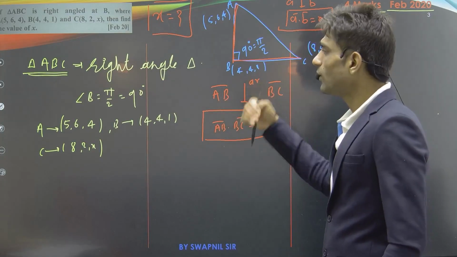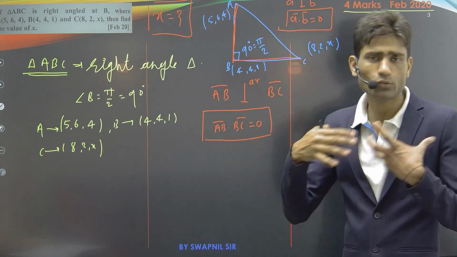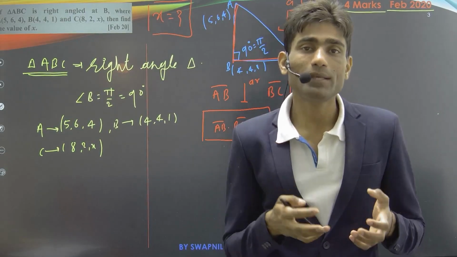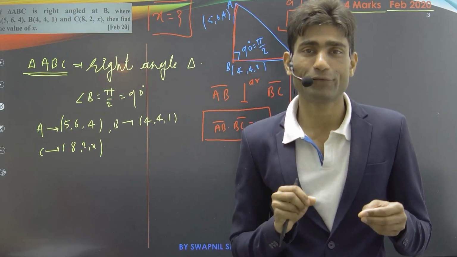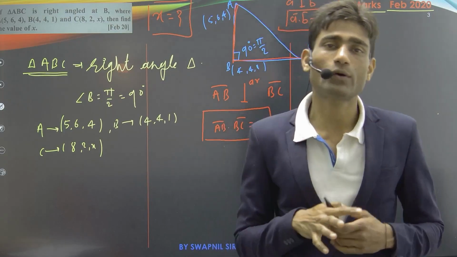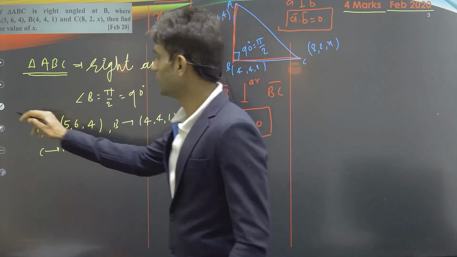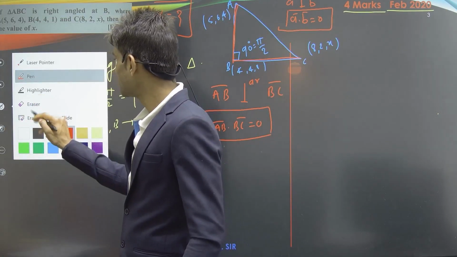Now let's move on to finding x. To show the dot product of these two vectors is 0, first find the two vectors, and then proceed to their dot product. First we want the value for AB bar.